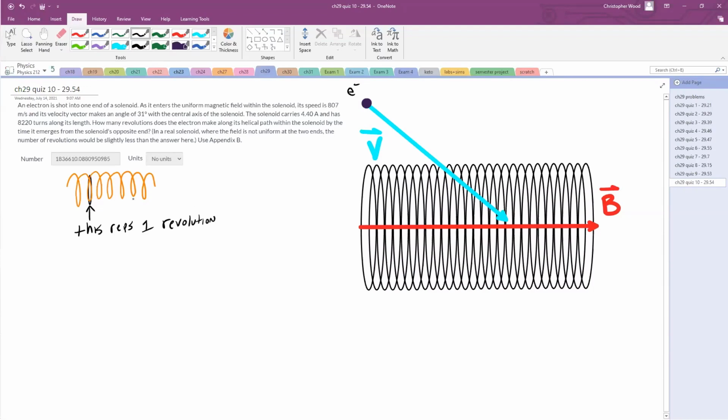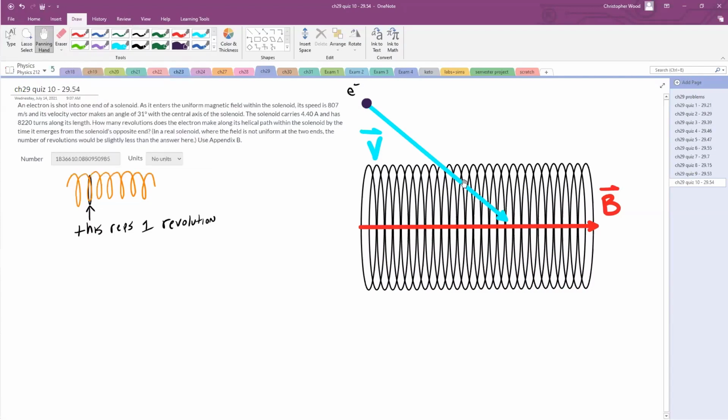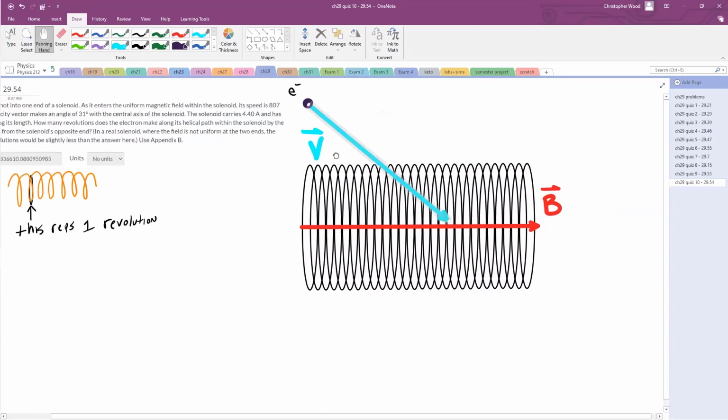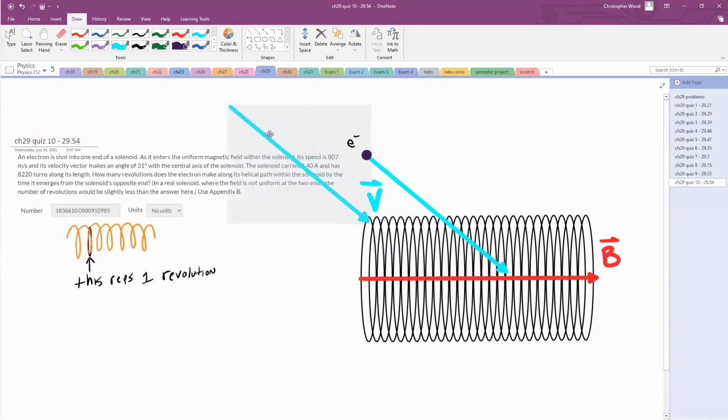So you can see I have some number. The electron is going to enter, and when it enters, it's going to start corkscrewing. Maybe I'll draw it over here too. Actually, let me adjust this because I think the electron enters at the beginning of the solenoid. So let me do a little bit of housekeeping here. I'm reading the question: the electron enters the solenoid. So the electron is entering the solenoid. This is probably a better way to draw that.